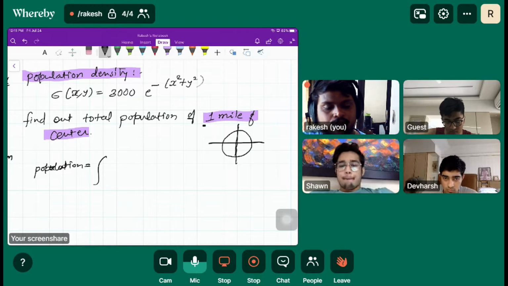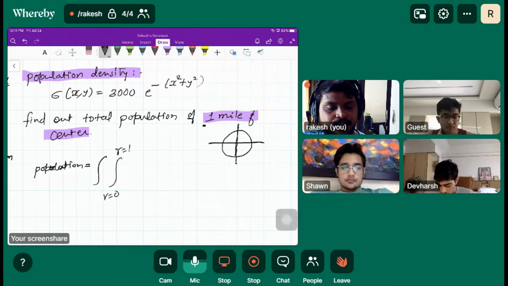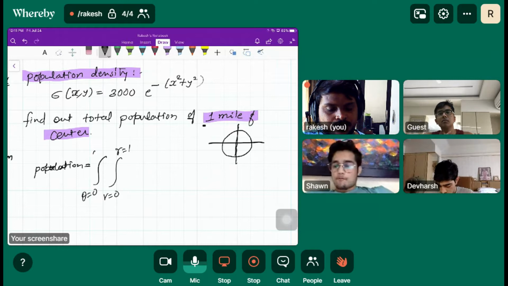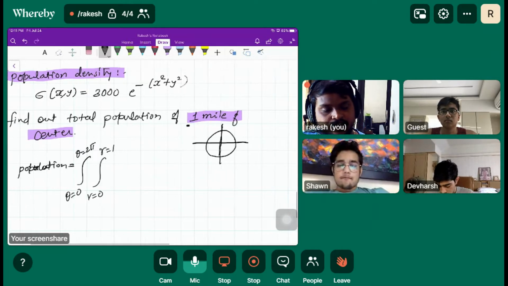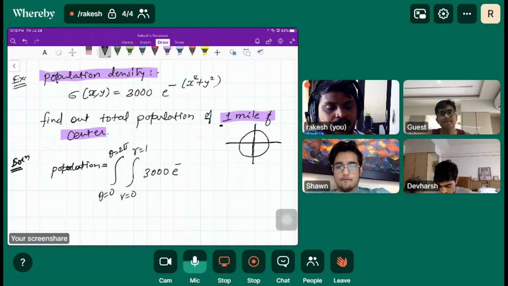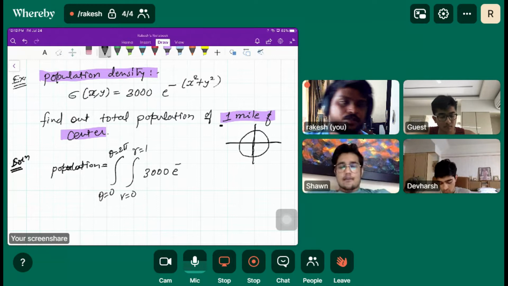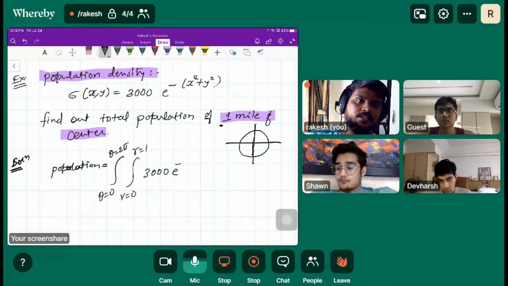So we can set up the integral like this: r is equal to 0 to r is equal to 1, theta is equal to 0 to theta is equal to 2 pi. And the population density function is 3000 e raised to minus r square, times r dr d theta. If you go for u substitution, you can simply replace minus r square.